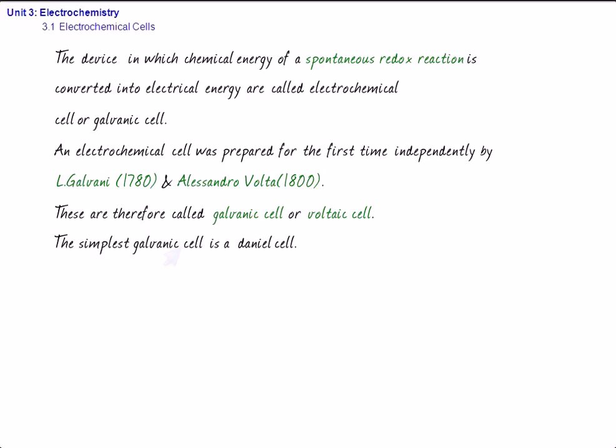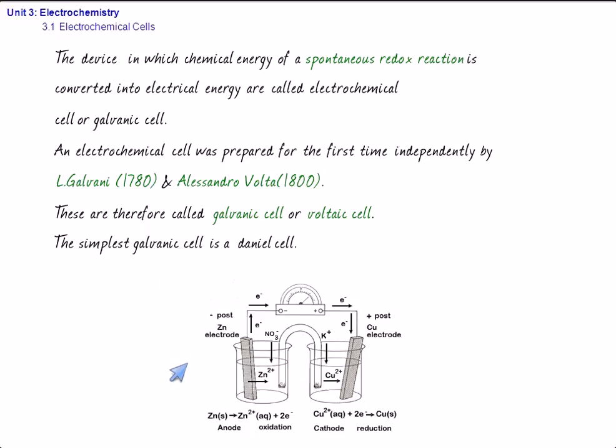Now in this case, two beakers are taken. In one beaker, 1 molar zinc sulfate is taken and a zinc rod is dipped in the zinc sulfate solution.